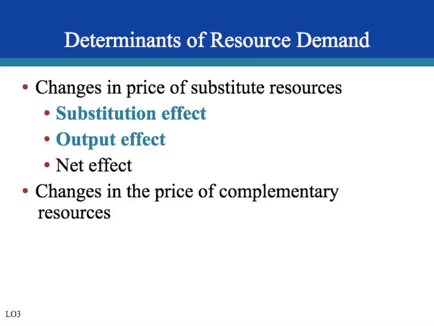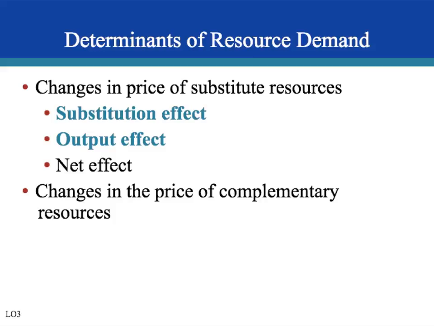All right. Now, if capital and labor are complementary resources, meaning they are used together. So let's say there's a new computer that is technologically superior, but it requires a unit of labor to operate the computer. All right, so let's say the price of the computer drops. There is no substitution effect because the computer doesn't replace labor to begin with.